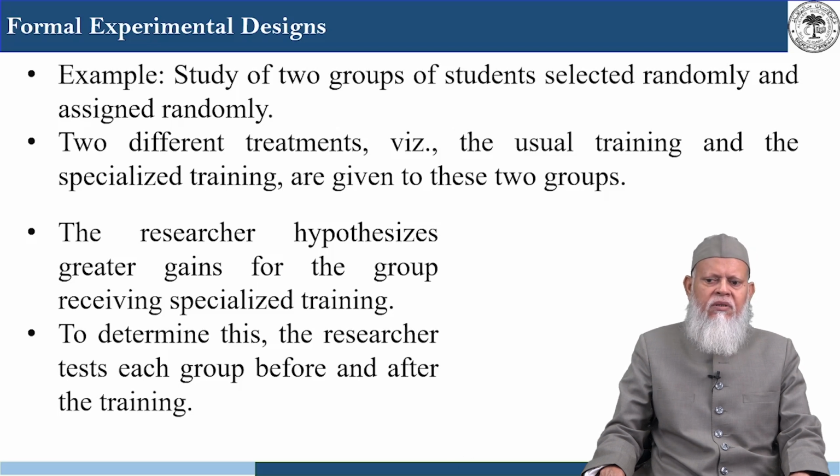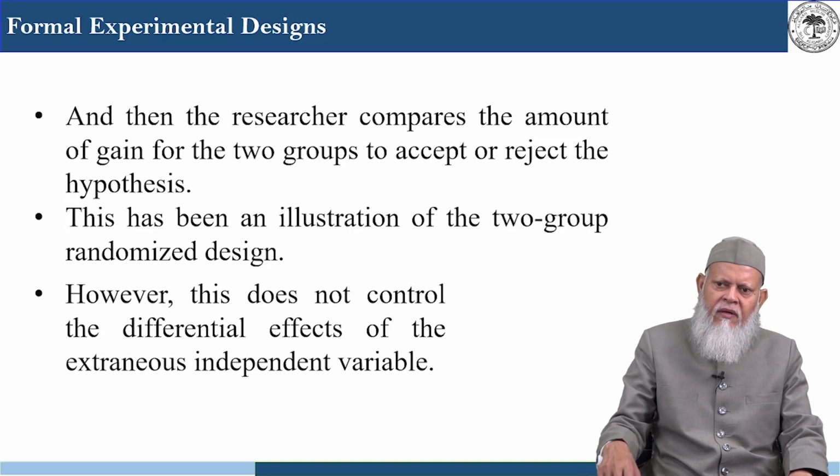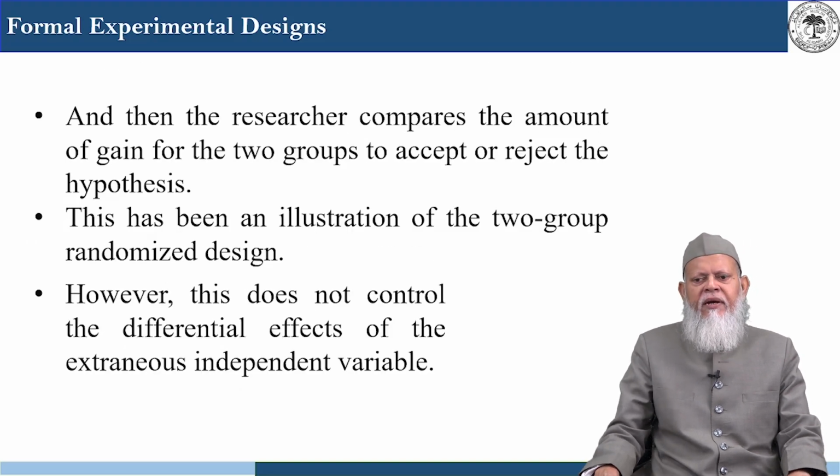So, to determine this, the researcher has to test each group before and after the training. And then the researcher compares the amount of gain, or the amount of, say, the lowering of the glycoindex for the patients of the two groups, to accept or reject the hypothesis.